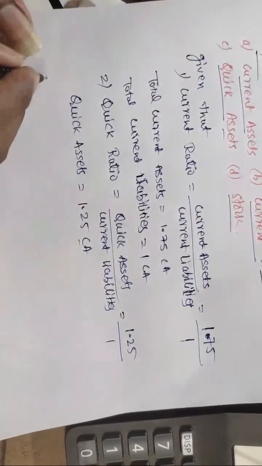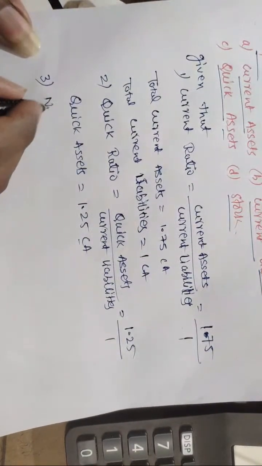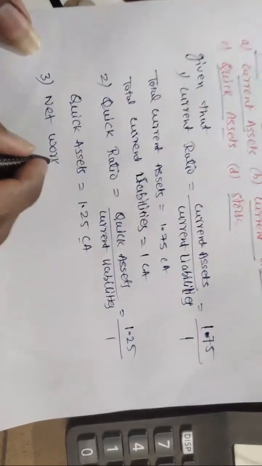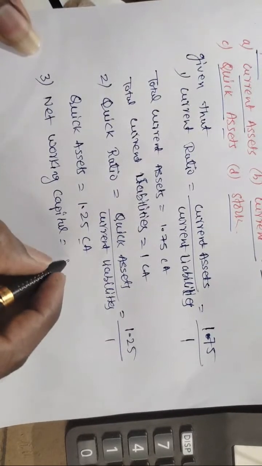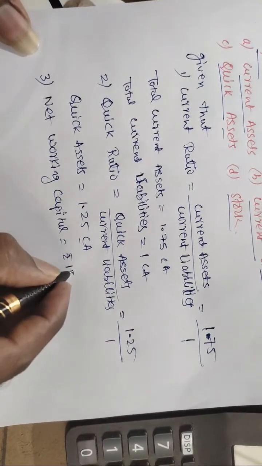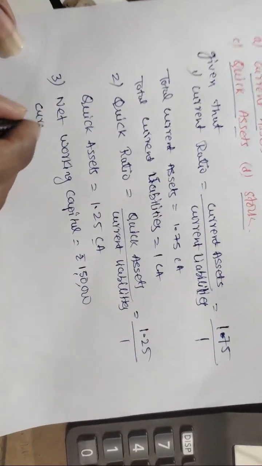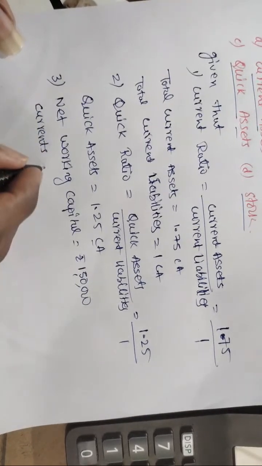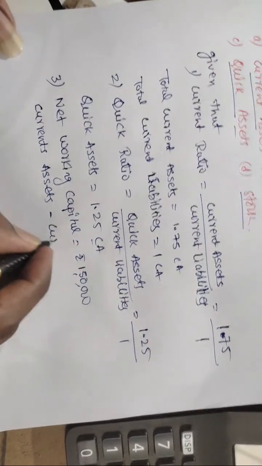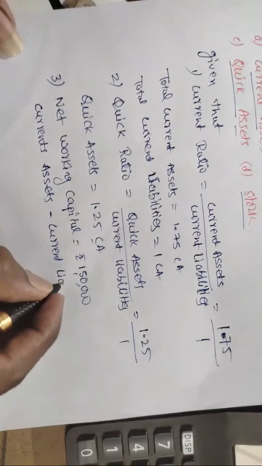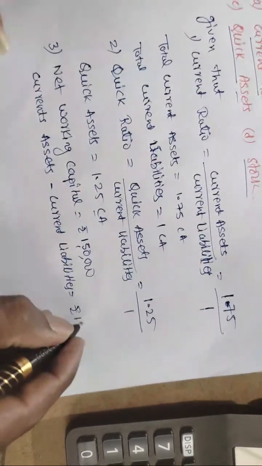Next they give the third one to us in the information. Net working capital equals rupees 1,50,000, which is nothing but current assets minus current liabilities equals rupees 1,50,000.